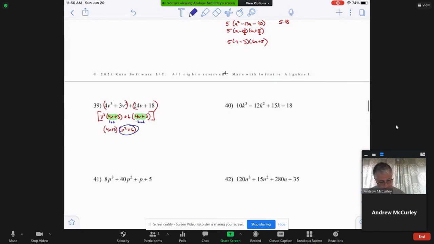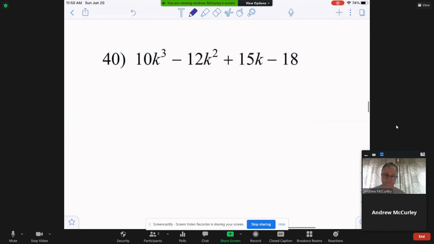Okay. Let's try this one. All right. So we're going to group it together. Doesn't look like there was a GCF in here. Looks like almost 2, but no. Almost 3, but no. So it didn't work out. I'm going to factor out a k squared, and that's going to give me a 2k squared.